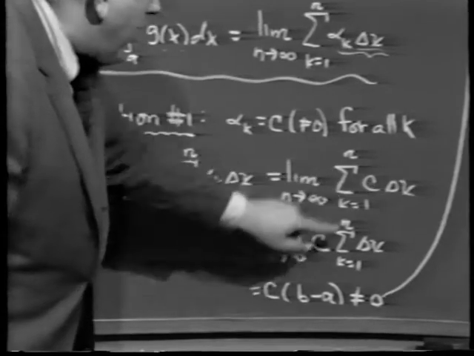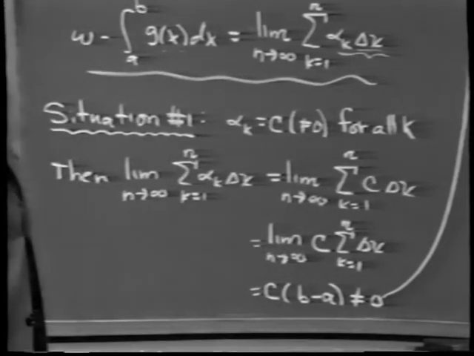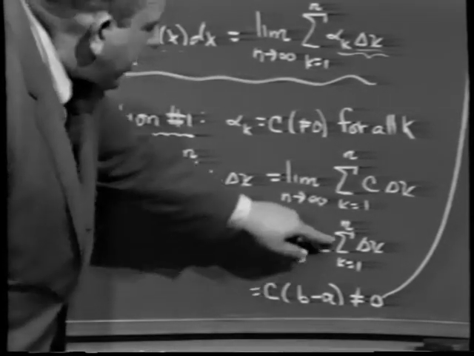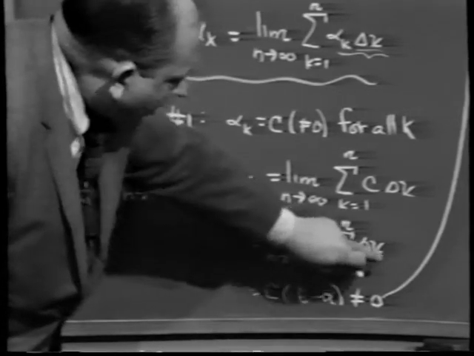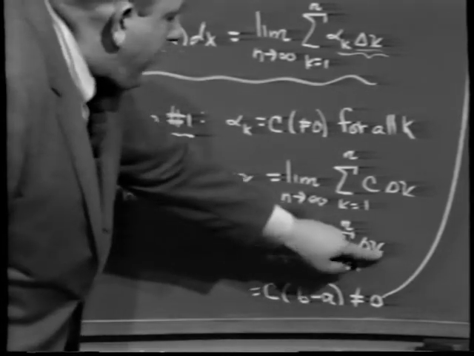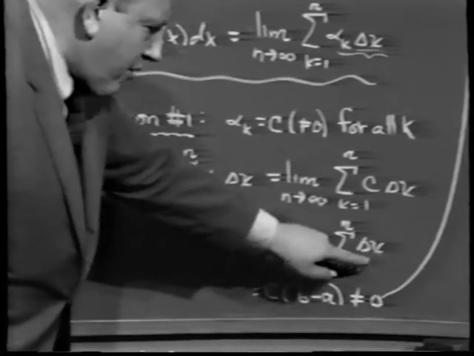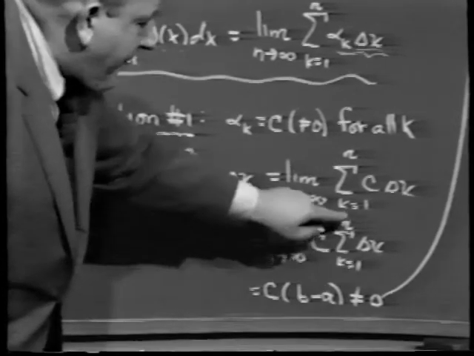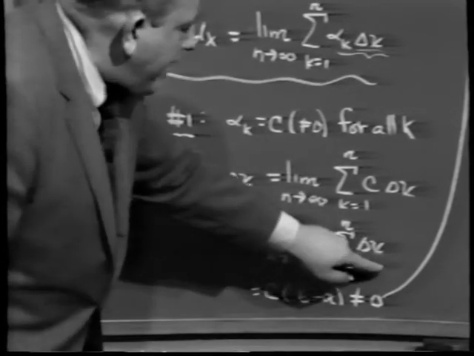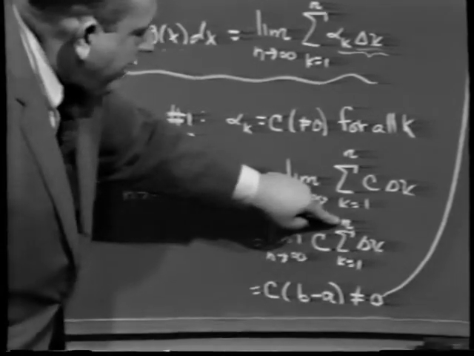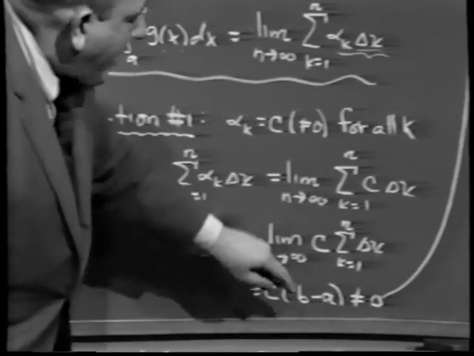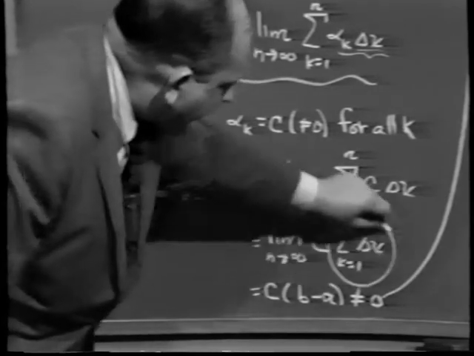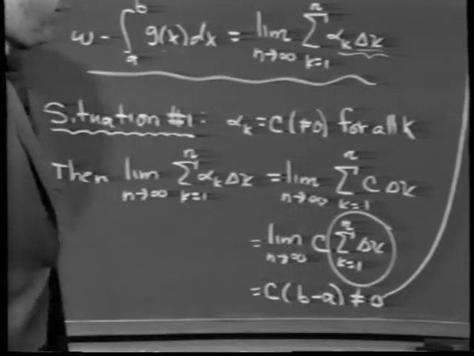C is a constant, so I can take it outside the sum. Let's look at what delta x is. Delta x is b minus a divided by n, same as we were talking about earlier in the lecture. I have n of these pieces. The n in the denominator cancels the n in the numerator when I add these up. And notice that this particular sum here, no matter what n is, is just b minus a.